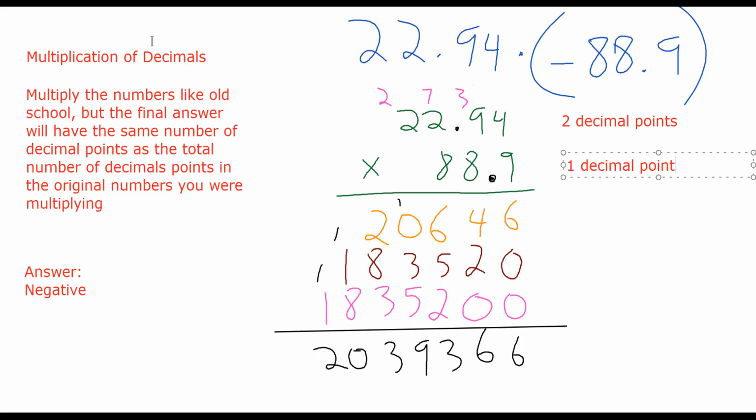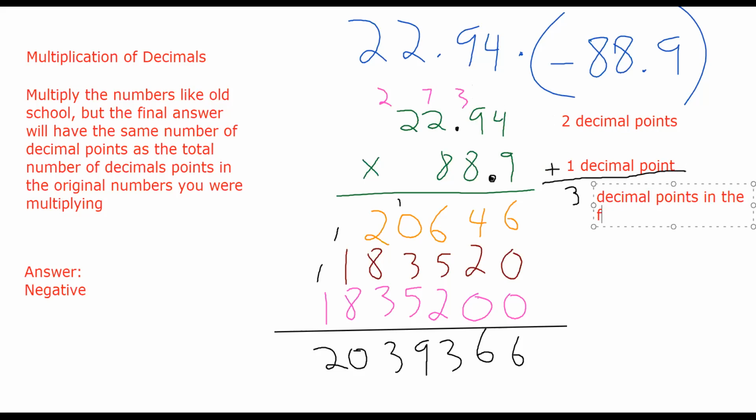I add those: 2 plus 1 is 3. So the final answer is going to have 3 decimal points. So I need to move this over, and it's going to have to go right there, so that now this final answer has 3 decimal points.